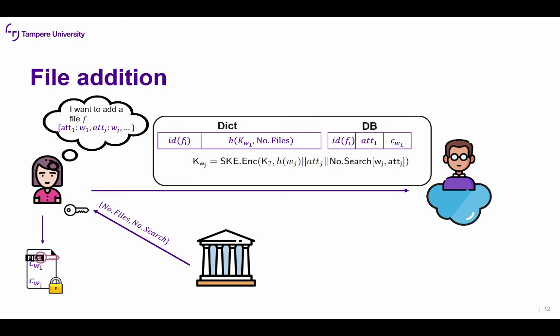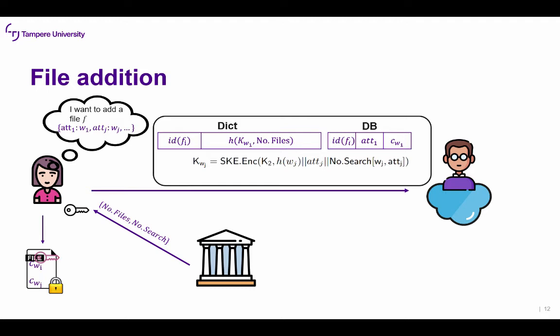Now, if we look a bit closer here on the dictionary, we see a weird KW in there. So this KW is a unique keyword key that is associated with the number of search values for a specific keyword attribute pair.